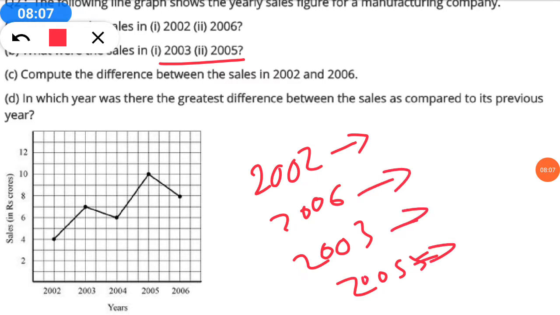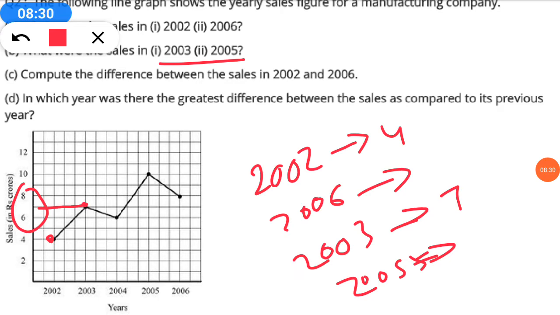So look, 2002 what was the sale over here? It is 4. 2003 what was the sale we are having? It is between 8 and 6. So between 8 and 6 it will become 7, isn't it? So 2003 the sale is between 6 and 8, that is 7.